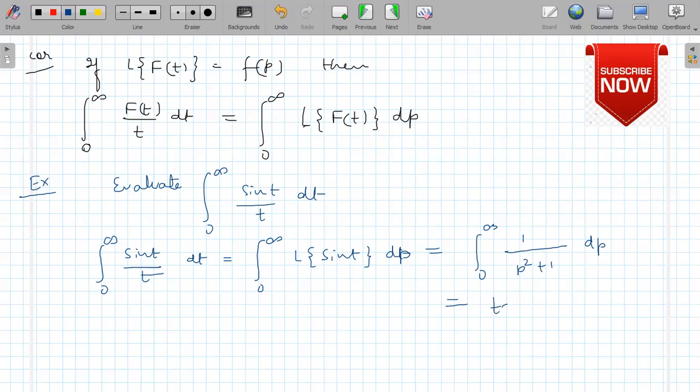This is tan inverse p, and the value of this is pi by 2. So it's very easy to evaluate this integral now with the help of this corollary, which gives you the application of the Laplace transform in evaluating integrals of the form 0 to infinity.